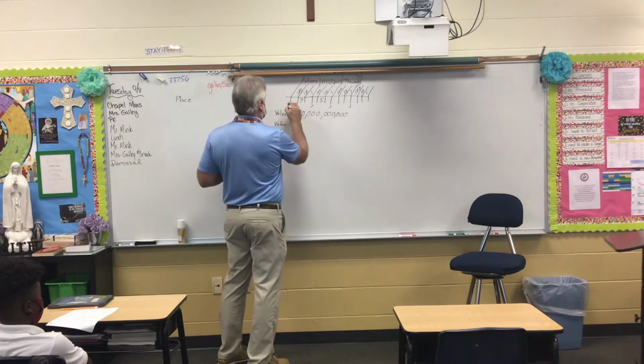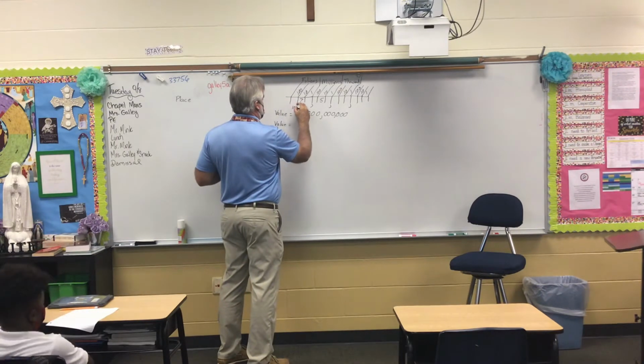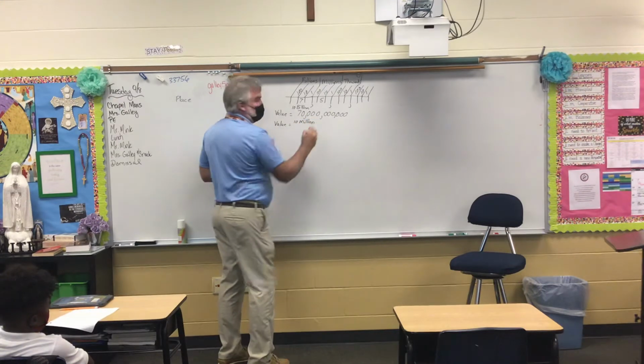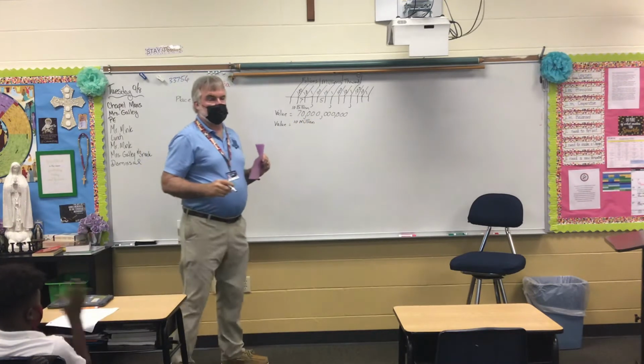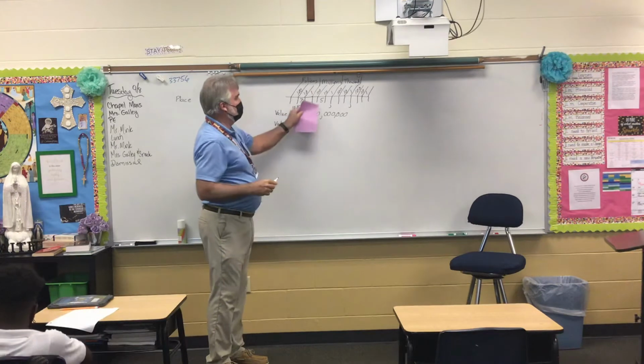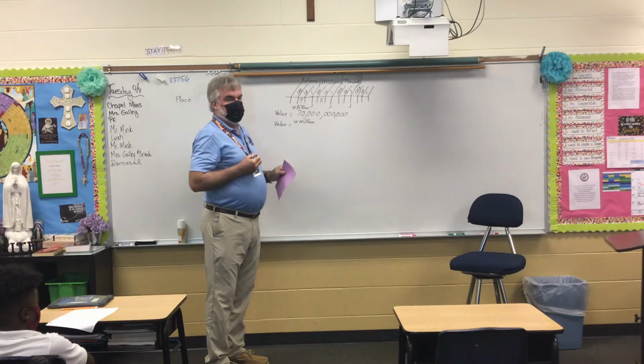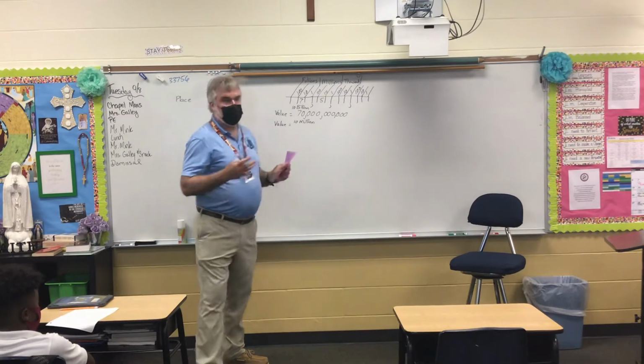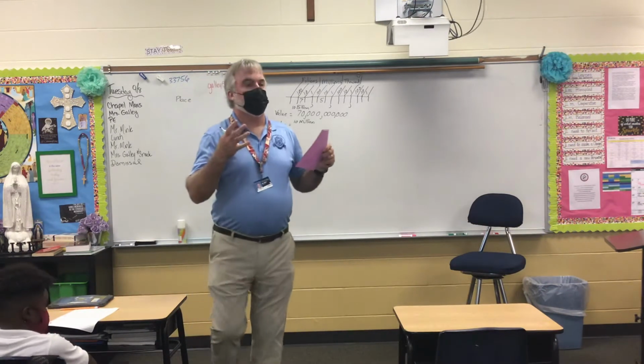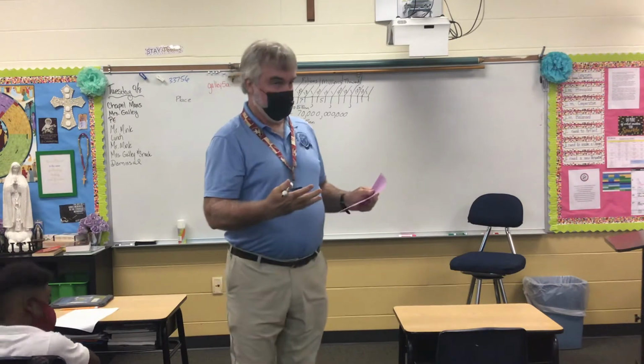This was 10 billion, and this is 10 million. And the value of it, Vanessa, the value of that 5. It's in the 10 million spot. So if there's 5 of them, how much would that be worth? What's the value of it?